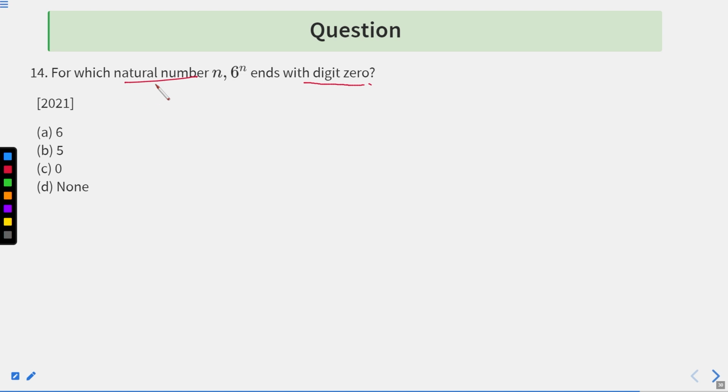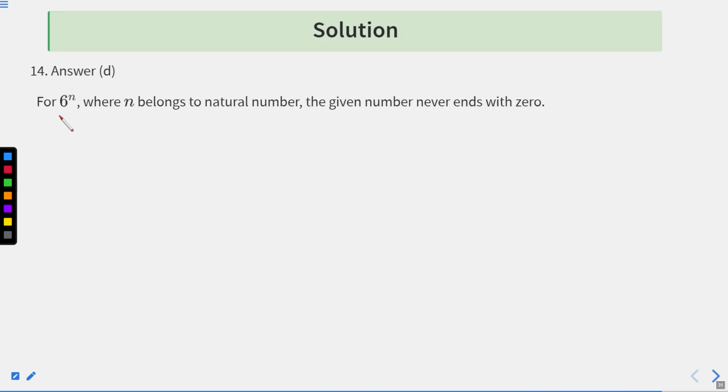For any such number with n a natural number, if 6 to the power n ends with 0, then the prime factorization of 6 to the power n must consist of the factors of 10, that is, there must be 2 and 5.